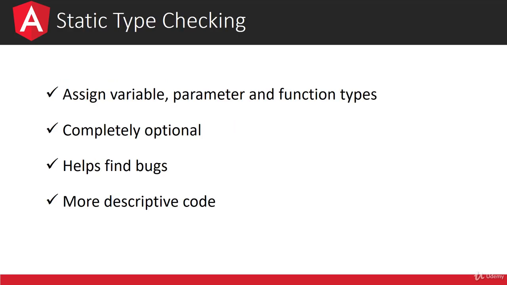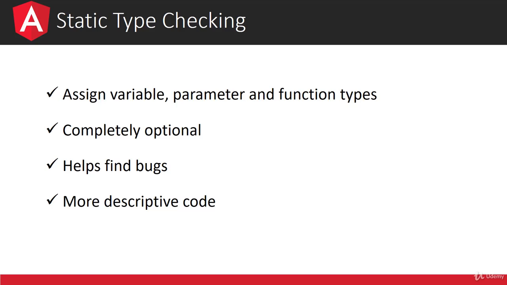All right, so let's talk a little bit about static type checking, which is basically the core feature of TypeScript. So with regular JavaScript or vanilla JavaScript, whatever you want to call it, it's dynamically typed, meaning that we don't have to define our variable types. We don't have to define our function return values as strings or numbers or anything else.